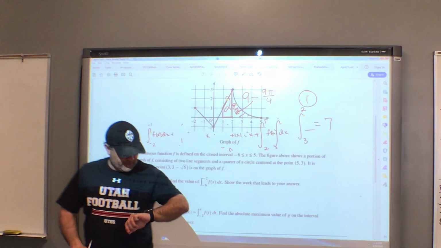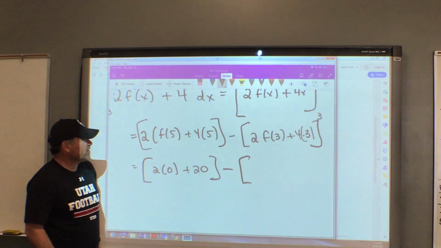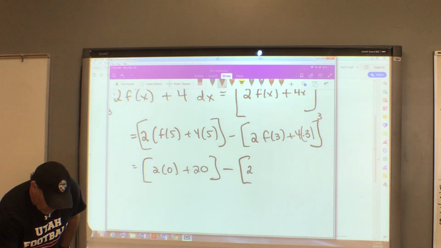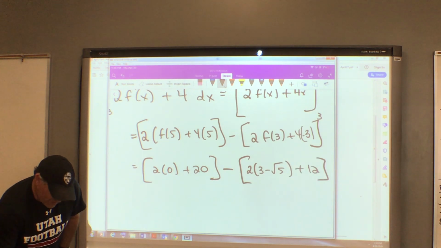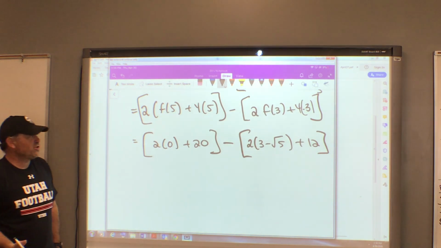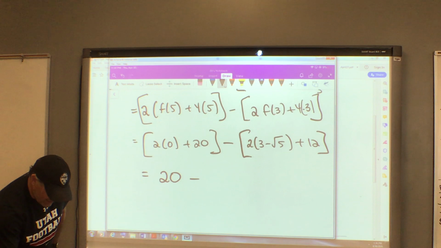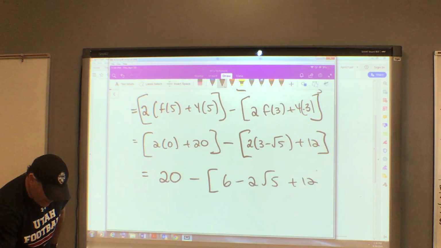So at that point, this is going to be 2 times the quantity 3 minus root 5 plus 12. And at that point, honestly, you could be done if you so chose, or you could continue to simplify as 20 minus the quantity 6 minus 2 root 5 plus 12.